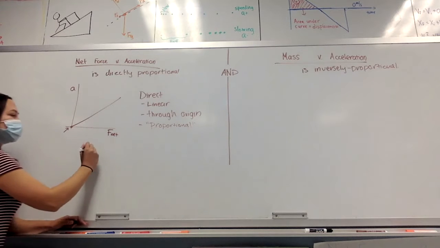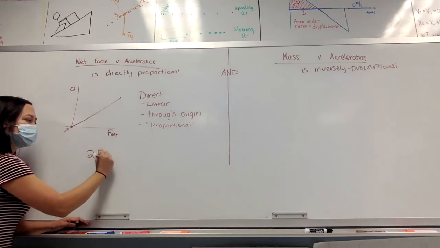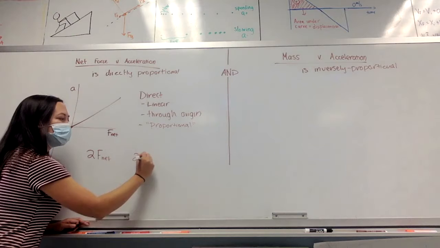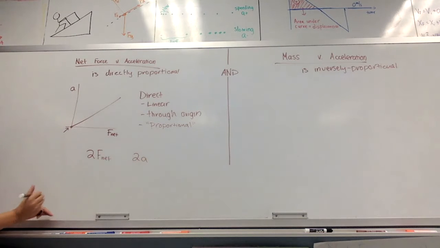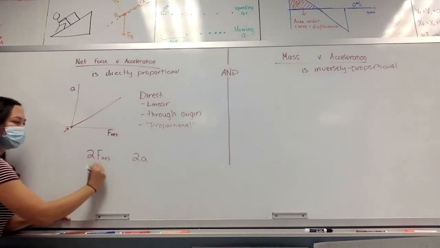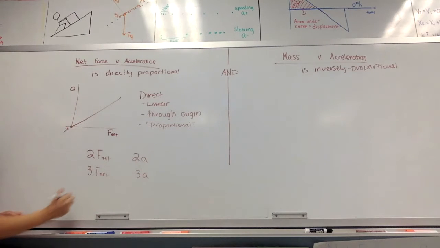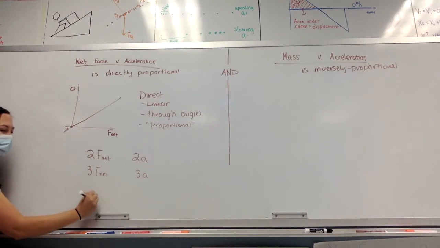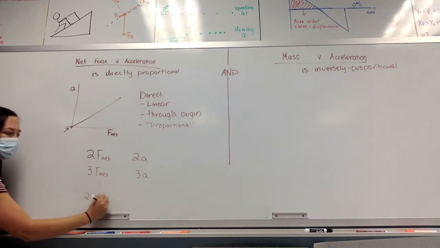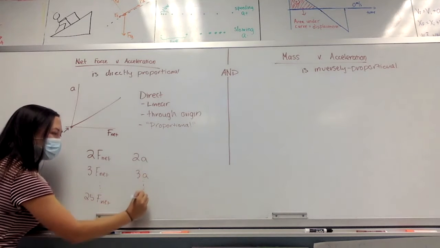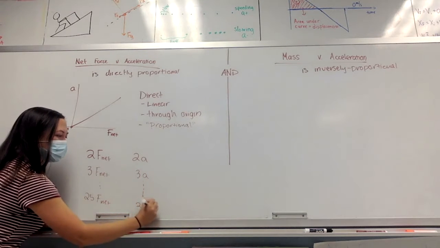If you double the force, you also double the acceleration. If you triple the force, it'll triple the acceleration. And so on and so on. So if you have 25 times more force, you get 25 times more acceleration.